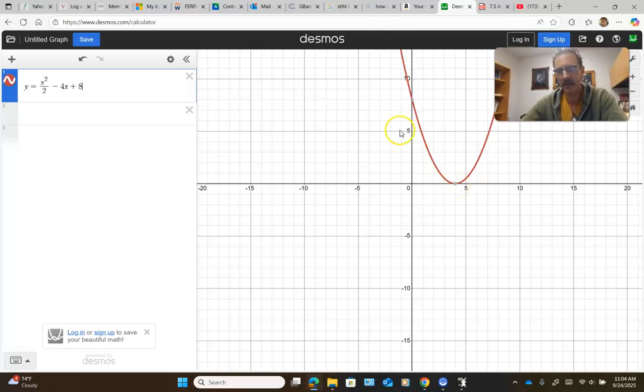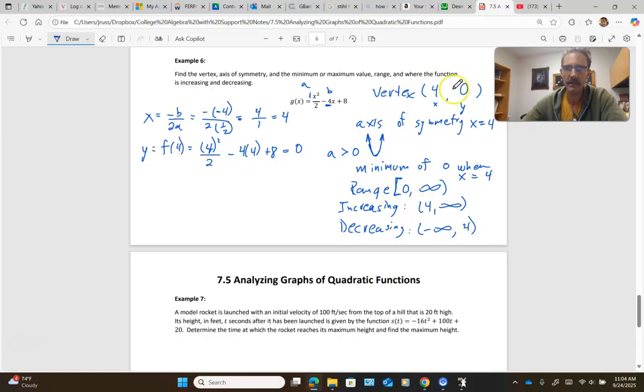So you can see it's decreasing from negative infinity to right here at 4. And then from 4 onward, it's increasing. And furthermore, guys, because it's sitting on top of the x-axis, the range goes from 0 upward, from 0 to positive infinity. Okay? So we did all this without actually looking at the graph of the function.